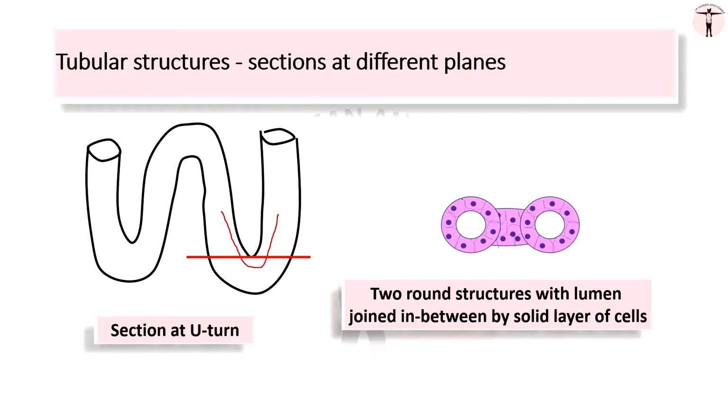You can observe two cross sections with a lumen, and a central part without a lumen, which is connecting these two parts. So this region here will be the connecting part which does not have lumen. And what is observed in these two cross sections gives the lumen to look at.